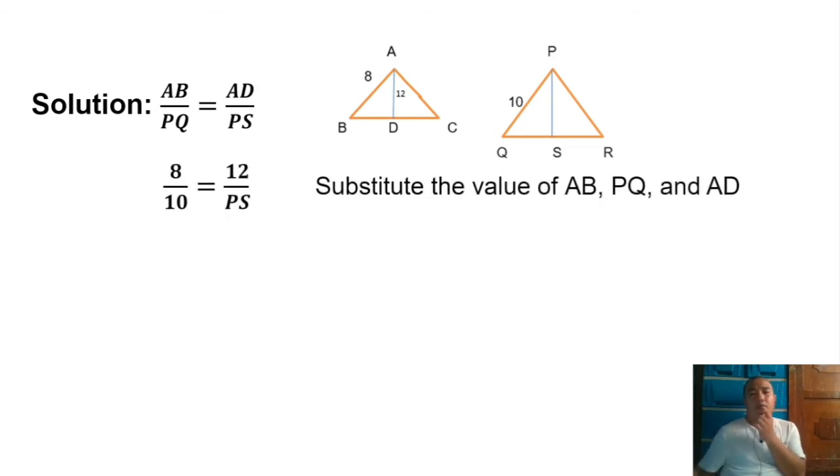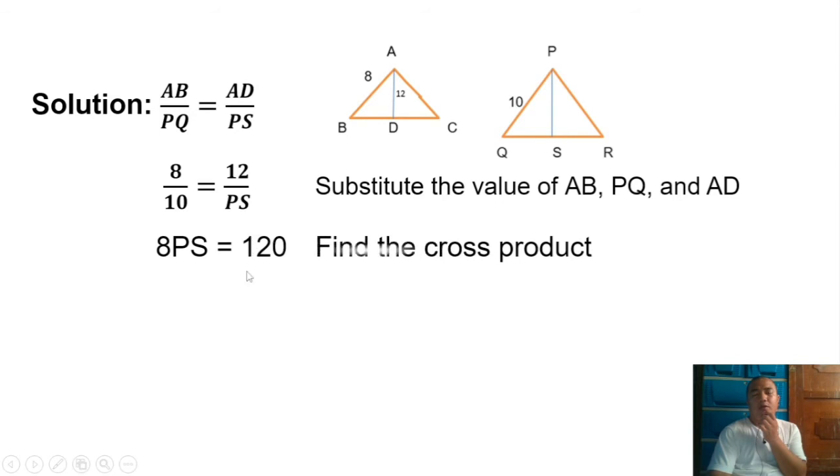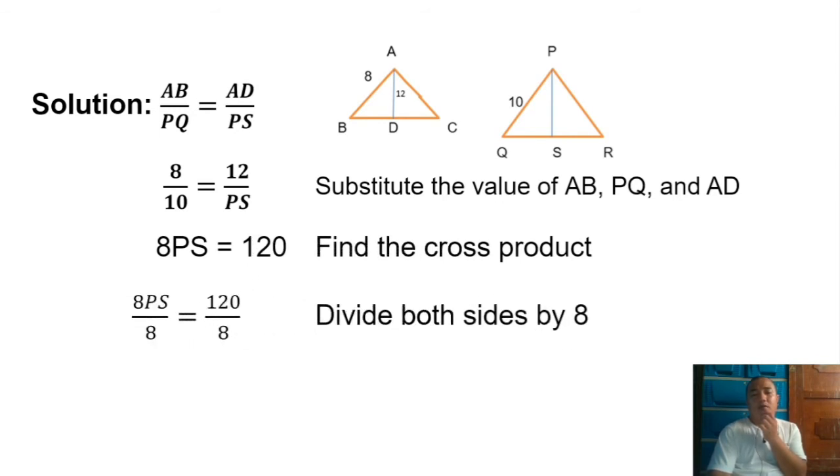So we can now solve for the length of the altitude PS. Our equation will be 8 over 10 is equal to 12 over PS. Cross multiply. 8 PS equals 120. 120 divided by 8 is 15. So therefore PS, the altitude of triangle PQR, is 15 units.